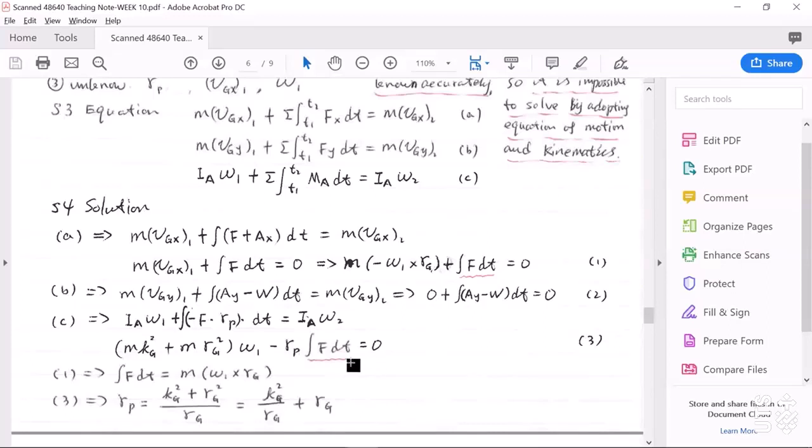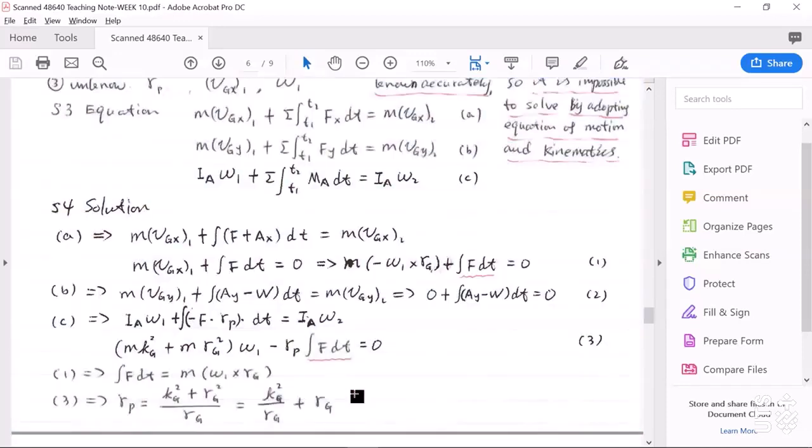If we substitute this item to replace the integral of F with respect to time t in this equation 3, we actually can eliminate F and also omega 1. And finally, we can easily get the relationship between Rp and Rg and Kg.